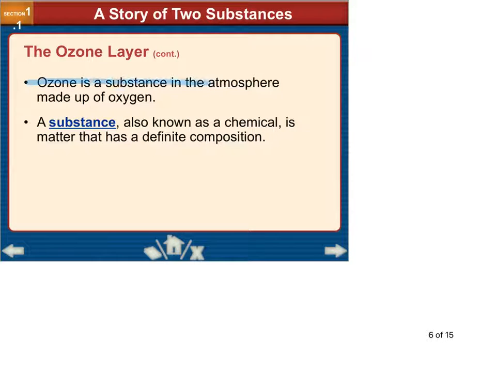So, ozone, a substance in the atmosphere made up of oxygen. Definition for a substance, very key thing. Know these definitions. Substance, also called a chemical, matter that has a definite composition.